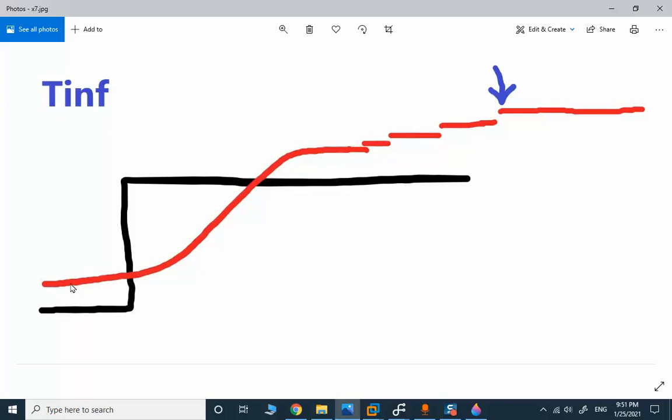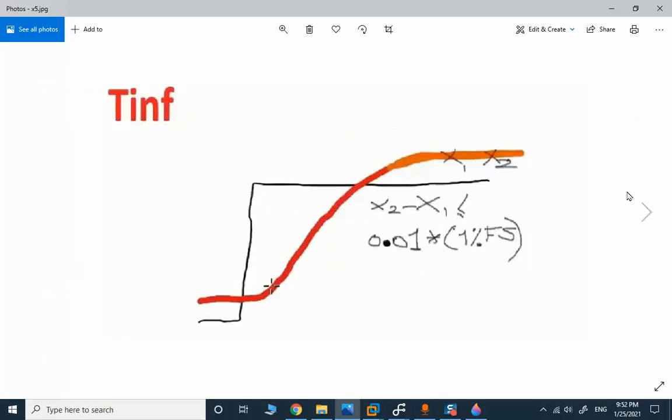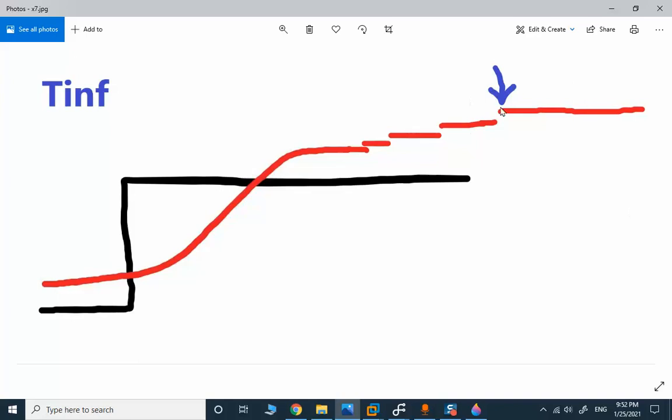The slope of the reaction curve is somehow constant, increasing here, and in this case we are getting close to a plateau. The point where you can see the least changes can be considered as T infinity. You can use both this mathematical explanation or this visual clue.